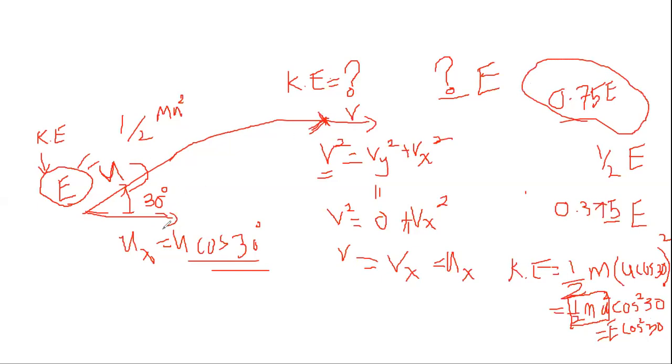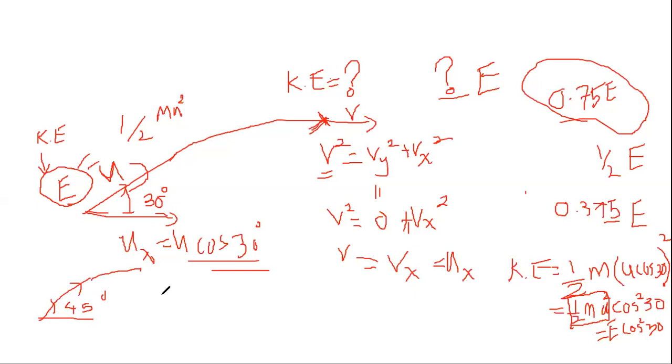We launch at 30 degrees. Remember, at the top, it still has kinetic energy. The speed at the top is exactly Vx, the same as Ux. Any question? So if I launch this with 45 degrees, how much E will be on the top?